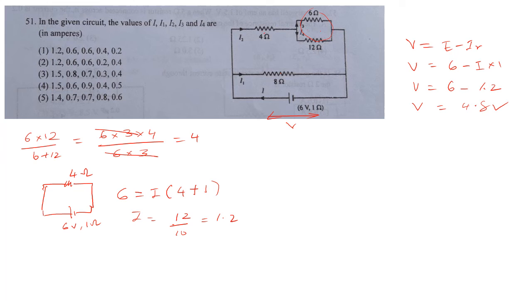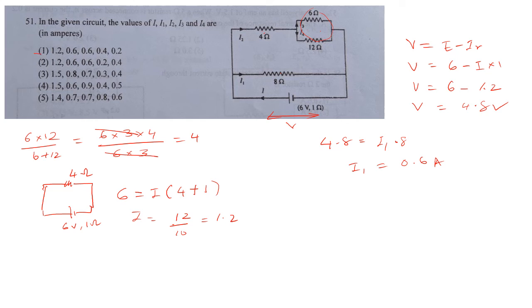So 4.8 equals I1 into 8. This gives I1 equal to 0.6 ampere.